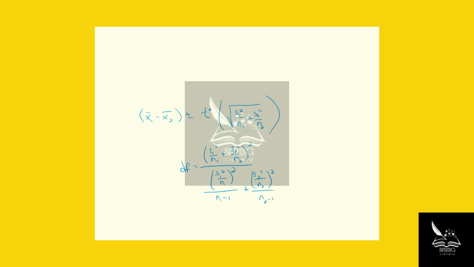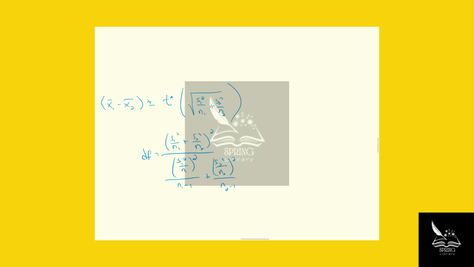Now let's start substituting things. The degrees of freedom, since you got the standard deviations correct, would be 6.98 squared over 10, and then 4.53 squared over 12.